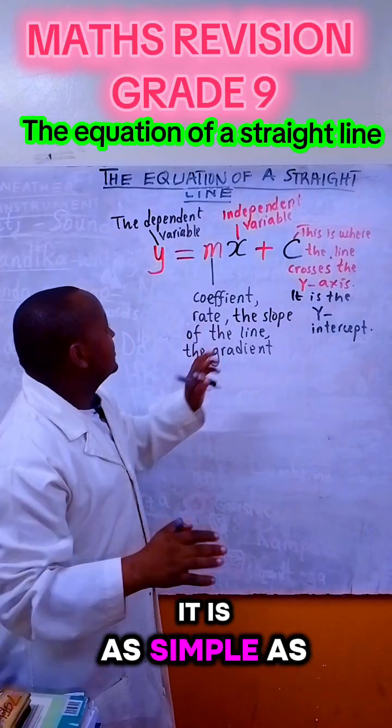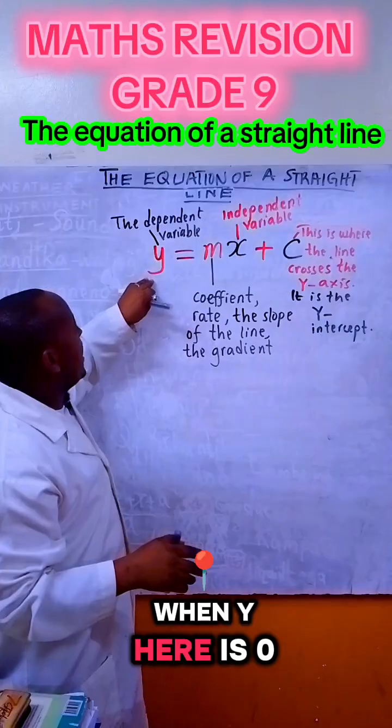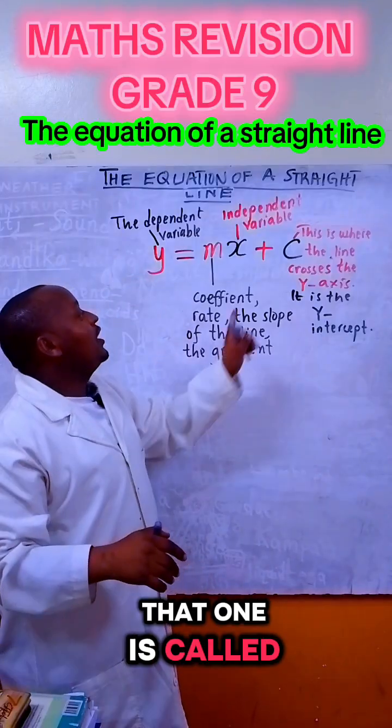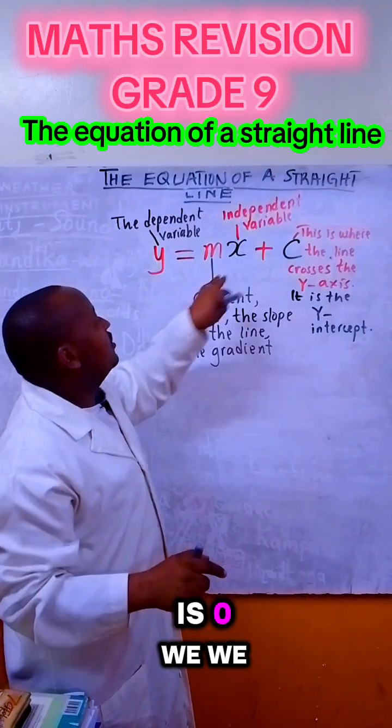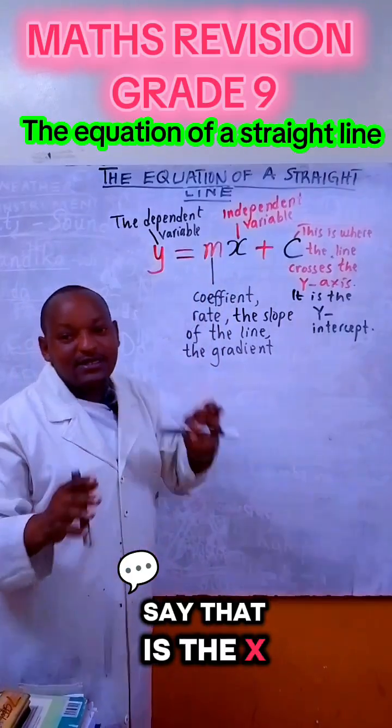It is as simple as that. Again, when y is 0, that is called the x-intercept.